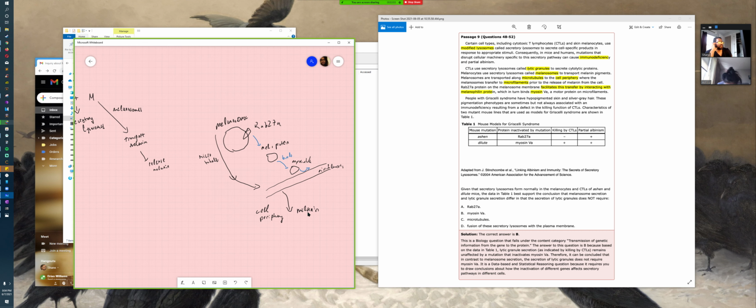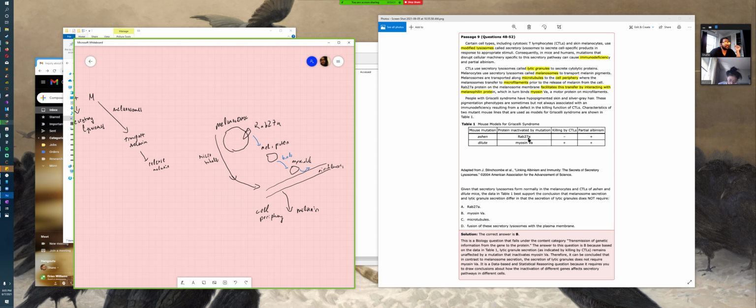Characteristics of two mutant mouse lines are used as models for Griscelli syndrome, as shown in Table 1. So basically, ashen is the mutation, and dilute. Killing by CTLs, that's the immunodeficiency part where the CTLs aren't killing.